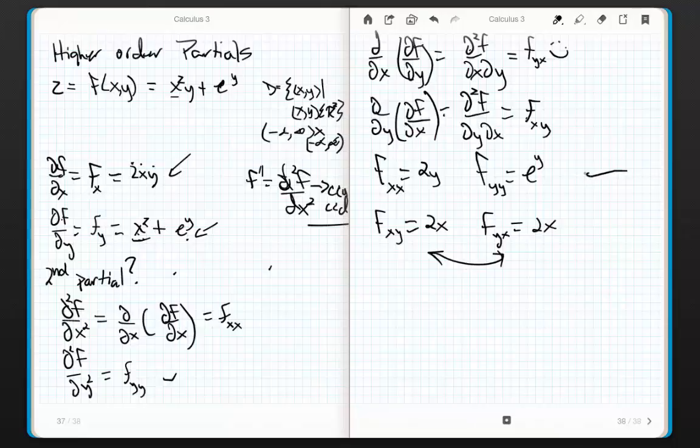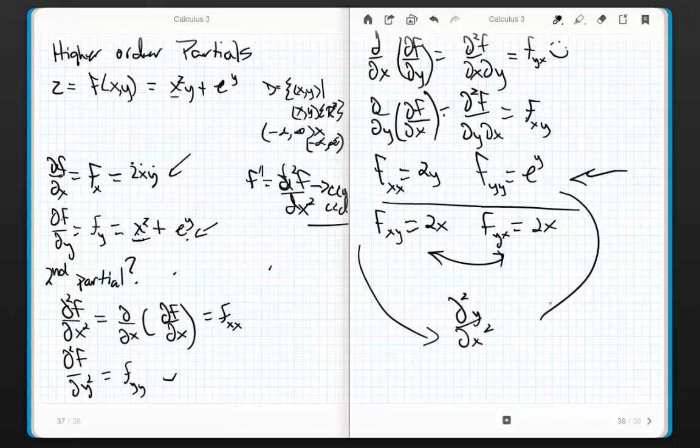But for now, let's look at these two guys. The way I write this is partial squared f over partial x squared, and then this guy would be partial squared f over partial y squared. Whoops, I did that again. Ooh, I just cursed. Ignore that. Damn, like the thing that blocks water.